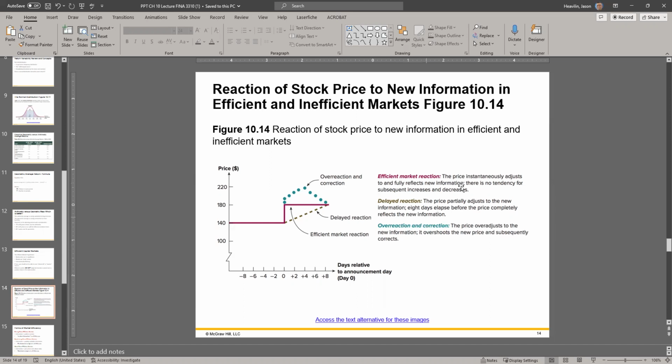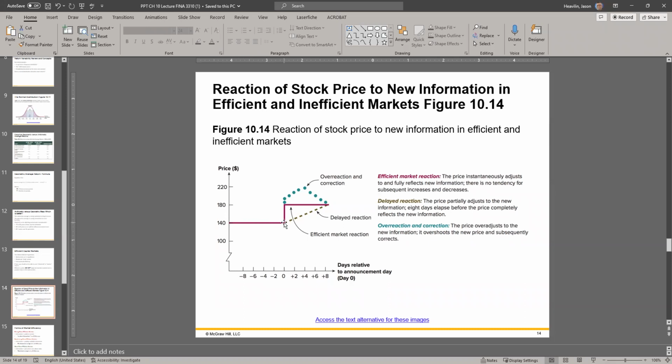So overreaction here, the way to define it, would apply also to underreaction in the sense that either people went over the price that it should be, and that's the dotted line here. So something happened, right? The solid red line will be like reality, the intrinsic values. So everything was fine.